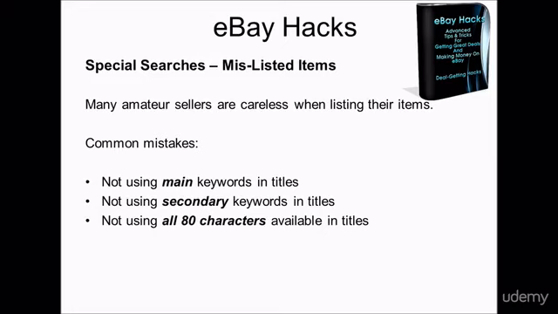That was it. That was their entire title. They have 80 characters to work with, and all they put up was knife. And so you can imagine the kind of deals you can get by just searching that keyword by itself and finding those people who are mislisting their items.